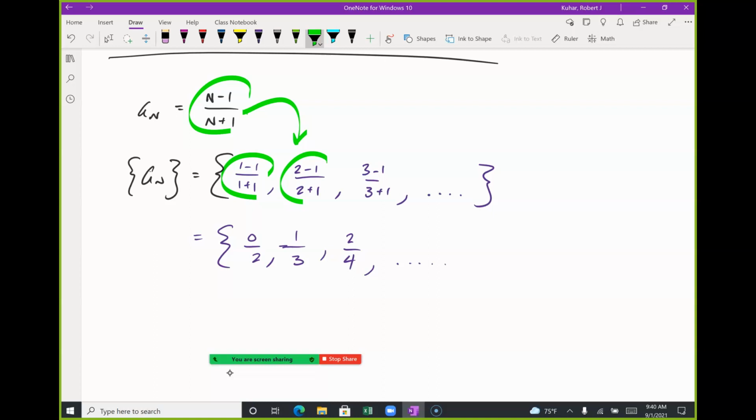So if I give you an nth term, it's easy to write out the sequence. If I give you a sequence, sometimes it's easy to give me the nth term. Sometimes it's not, right? But for us, most of our sequences are going to be arithmetic. Okay, so let me show you an arithmetic sequence.